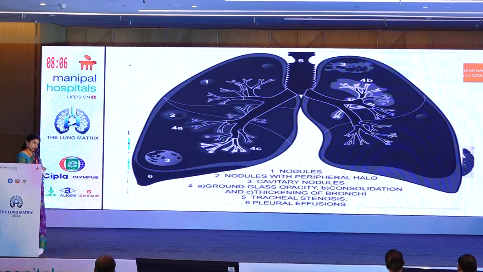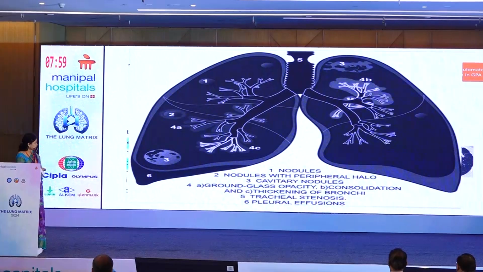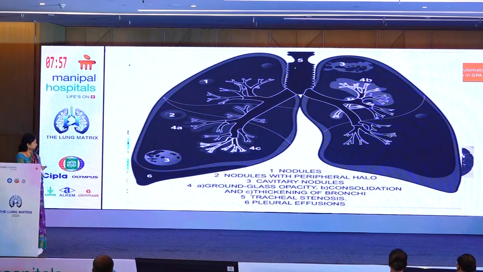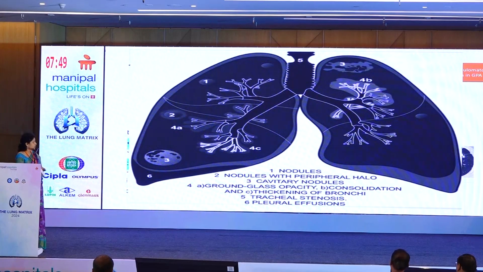When they are mild, they are ground glass opacities. When they are dense, they form consolidations, and we can see bronchial wall thickening, tracheal stenosis as well as pleural effusions. So these are the various types of granulomatous inflammation we can see in a case of ANCA vasculitis.